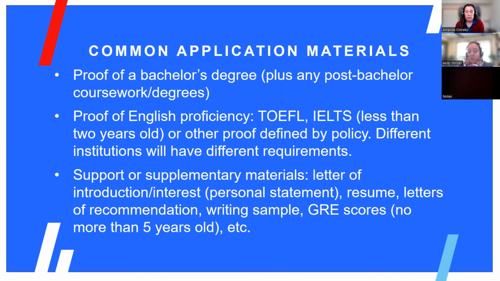Many institutions are looking to make sure that you either have an undergraduate degree or that you will finish one prior to starting graduate study at their school. And many institutions will want to know information about any other coursework you've taken after getting a bachelor's degree, whether that be a graduate certificate or a master's degree if you're pursuing doctoral study, that kind of thing.